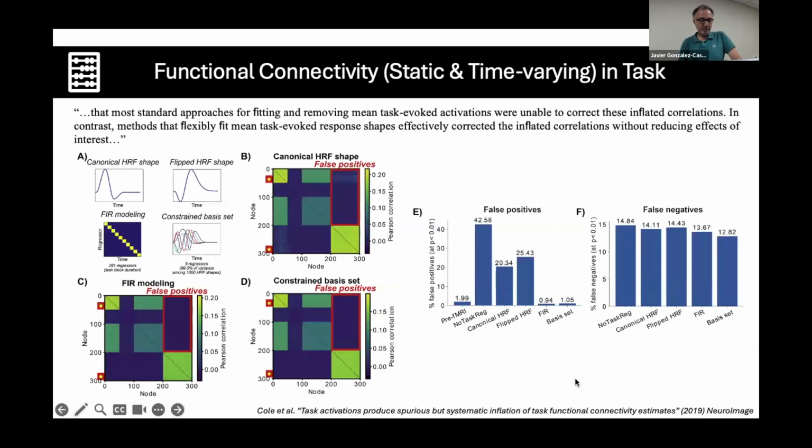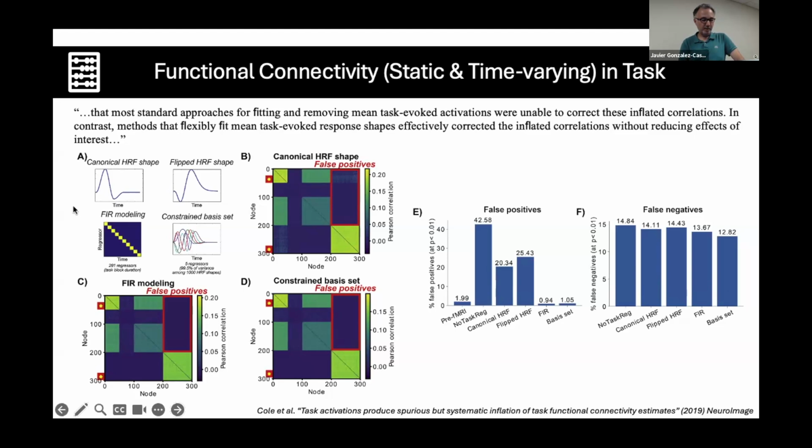In this same paper, they go about a lot of analysis about how to do this properly. The take-home message here basically being, it's not possible to remove those just by using a canonical hemodynamic response. You're gonna need to come with a model or a way that takes into account that hemodynamic responses change across locations and across time.